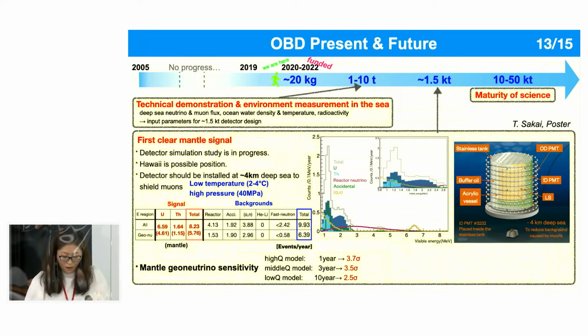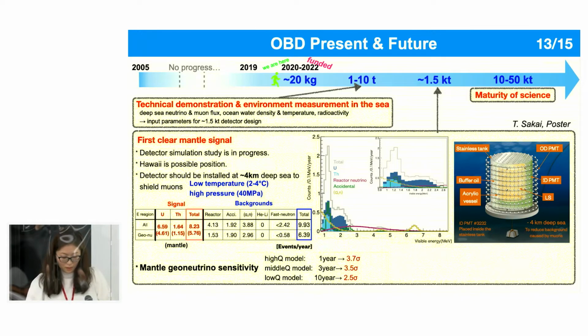If we have a 1.5 kiloton detector, which is 1.5 times the current detector, we can measure the mantle contribution. So we are doing detector simulation and also technical development.